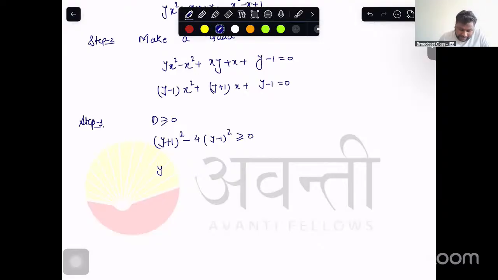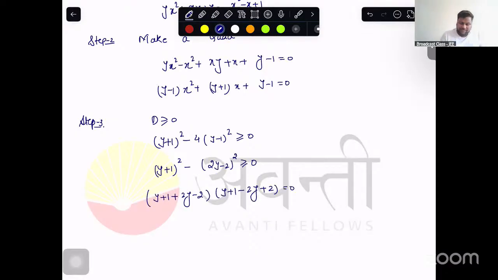Now it can be simplified as (y plus 1) whole square minus (2y minus 2) whole square more than or equal to 0. So now it is a square minus b square, so let's do it a minus b into a plus b. So it came out to be (3y minus 1) into (minus y plus 3) more than or equal to 0.